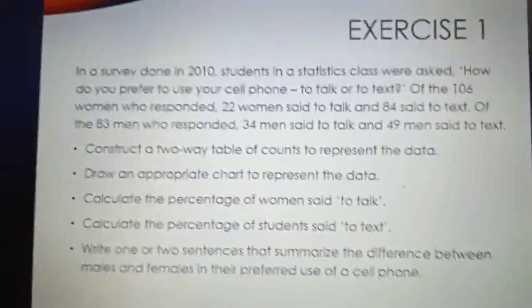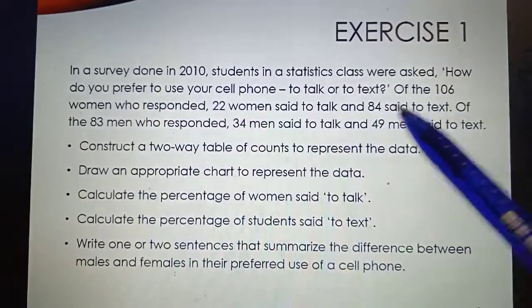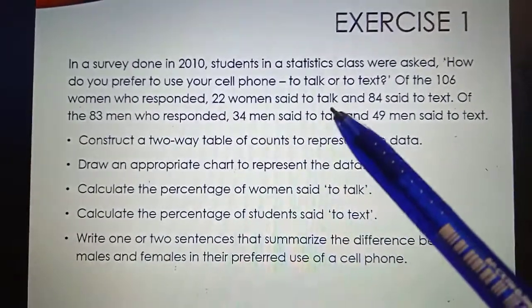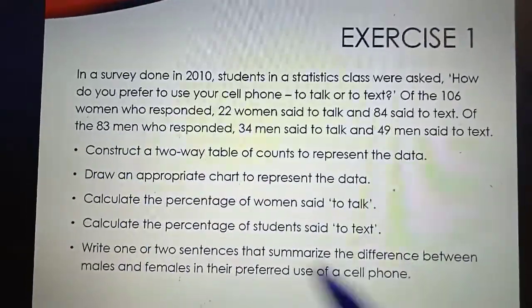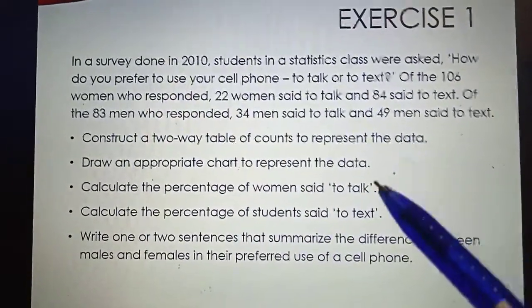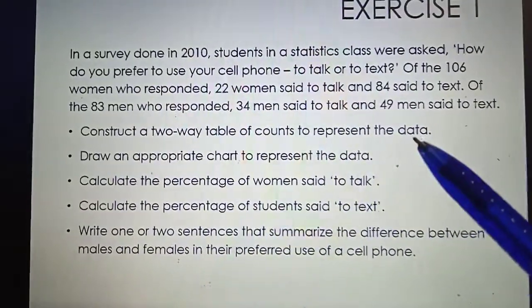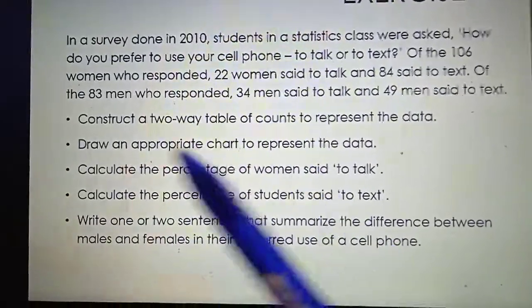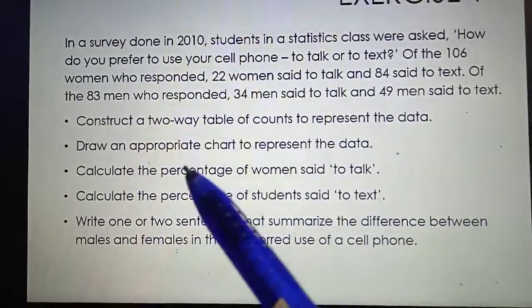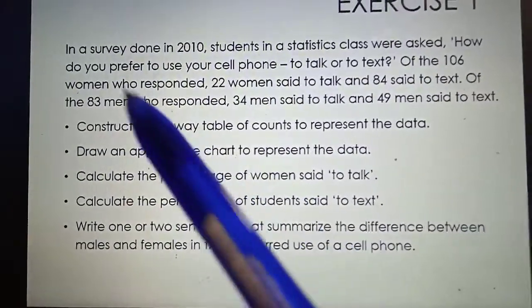Okay, exercise number 1. In a survey done in 2010, students in a statistics class were asked, how do you prefer to use your cell phone, to talk or to text? Okay, so daripada yang ni, exercise 1, cuba buat sebagai exercise. Construct a two-way table and then draw an appropriate chart. Satu, buat table.